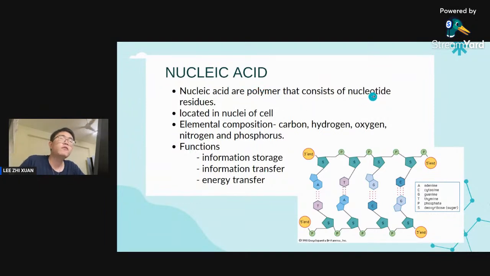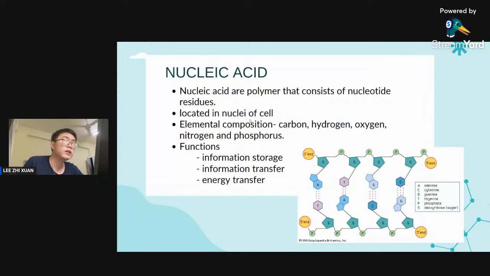It is made up of nucleotides, so the monomer of the nucleic acid is nucleotide. Normally the nucleic acid is located in the nucleus of the cell, but this is for eukaryotes. For prokaryotes, they do not have a nucleus, so it lies in the cytoplasm.